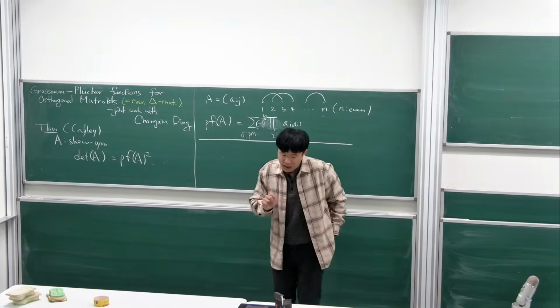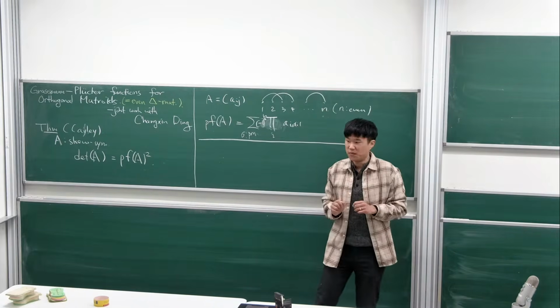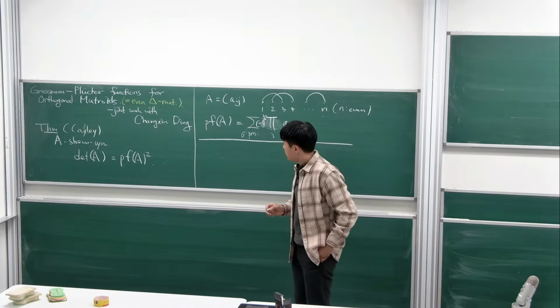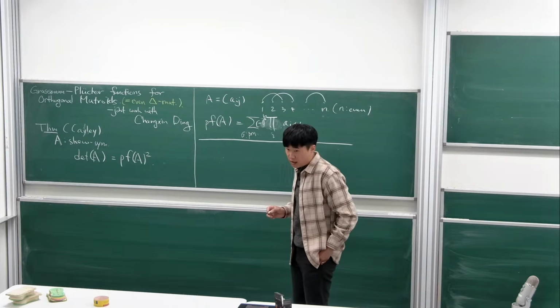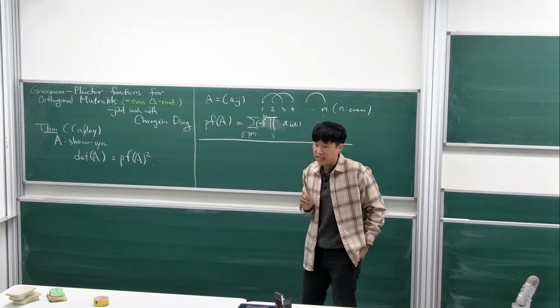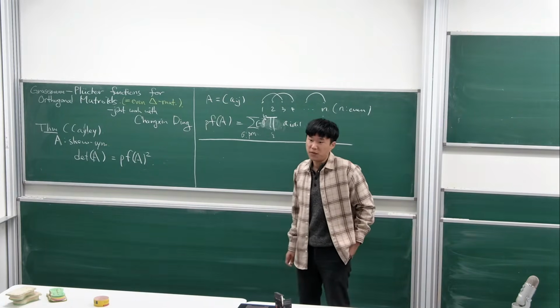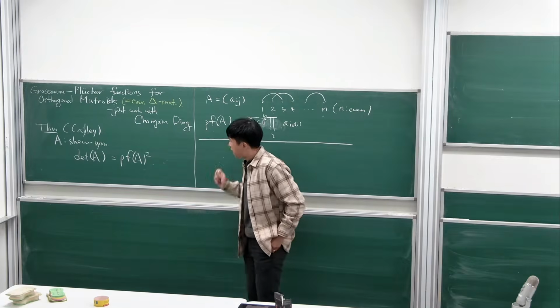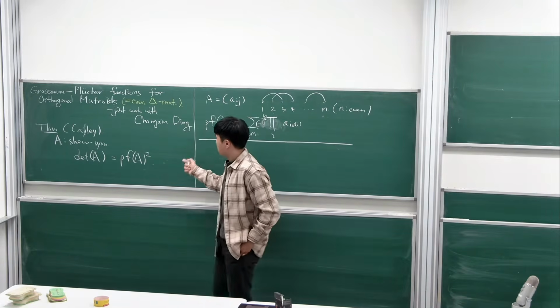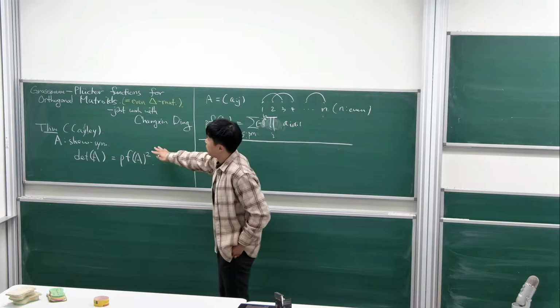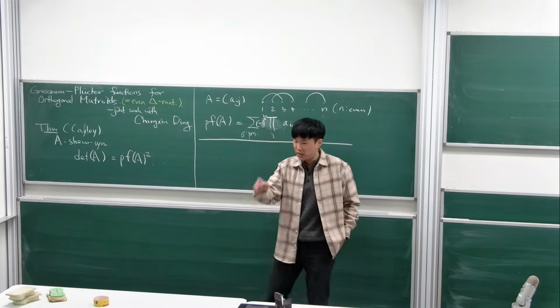But by the way, indeed, Cayley proved a slightly more general theorem. Wait, by skew-symmetric, do you mean that A_ij is equal to negative A_ji? Yes, and the diagonals are equal to 0. You may consider this over any kind of field, but in characteristic 2 you also need the additional assumption that the diagonals are equal to 0.